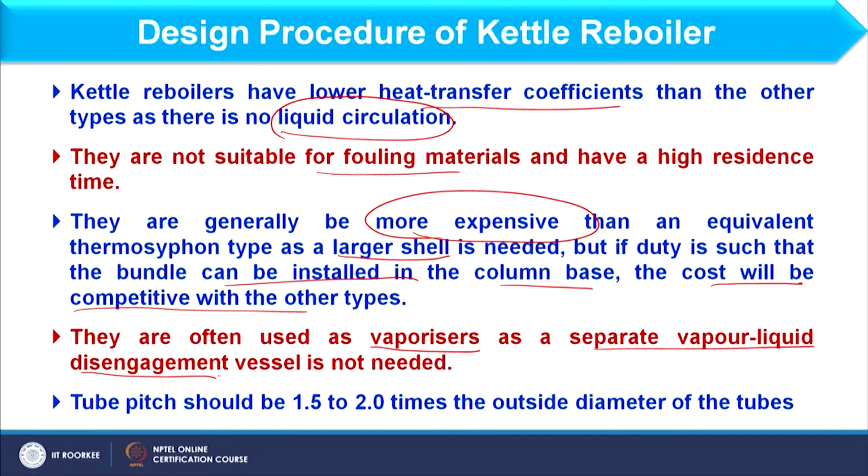As far as tube pitch in a kettle reboiler is concerned, that is 1.5 to 2 times the tube OD. If you see here, we have a larger pitch in comparison to a shell and tube heat exchanger, and the reason is that because it has more residence time, it has more tendency to foul.